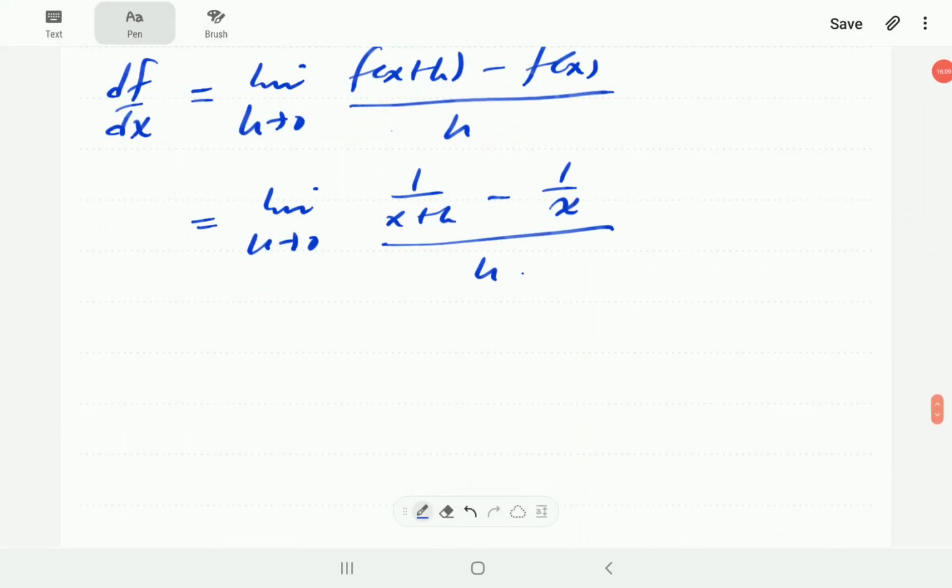We need to extract the common factor, because if you just plug in h is 0 here, this is going to give us 0 over 0.